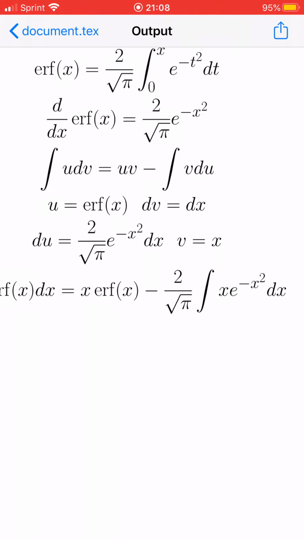The antiderivative of e to y dy is just e to the y, and since y equals negative x squared, we need to plug that back in. So the indefinite integral on the right hand side is just plus 1 over square root of pi times e to the negative x squared.